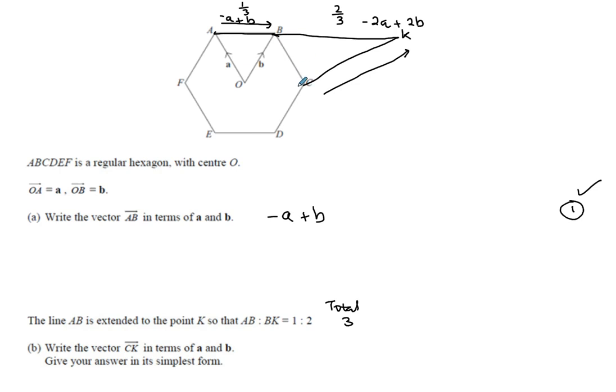And because we're going to go that way, that's also going to be A. So CK would be A, and it is a positive, and then you're going minus 2A plus 2B. Stick a number in there, and you get minus A plus 2B. Are these looking quite lovable so far?